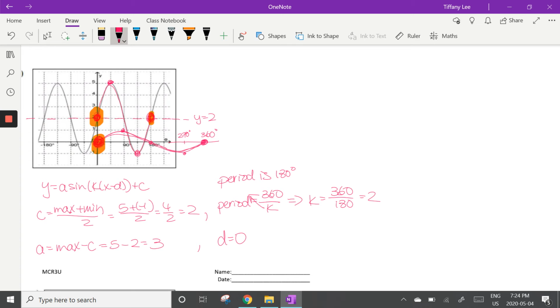It did move up 2 units, but it did not move left or right in this case. So therefore your equation is y equals 3 sin(2(x − 0)) plus 2. And there you go.